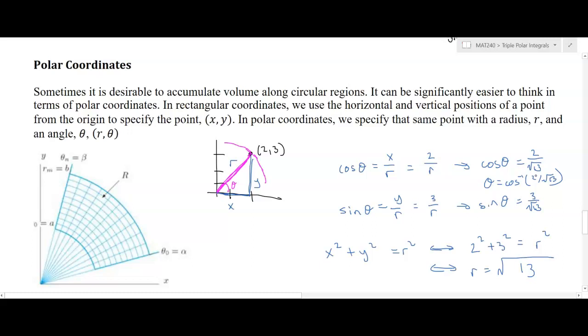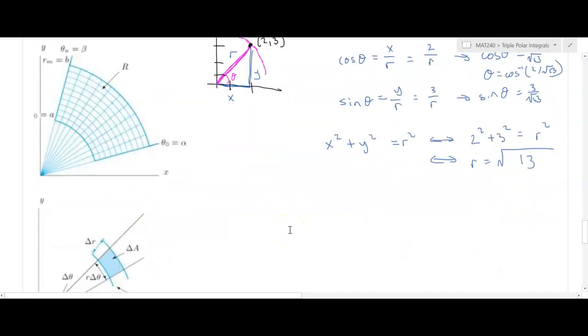So with those two measurements, all I need to give you is an angle and a radius, and you can then compute where that point is in location. So whether you specify it by an xy pair or by a radius and an angle, you will still be able to specify that location in two ways.